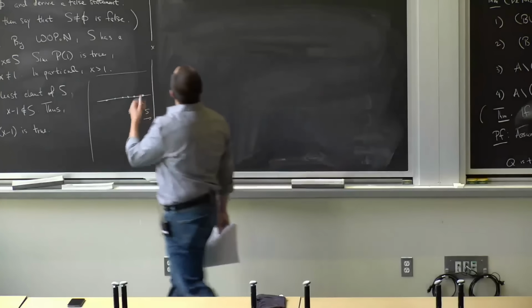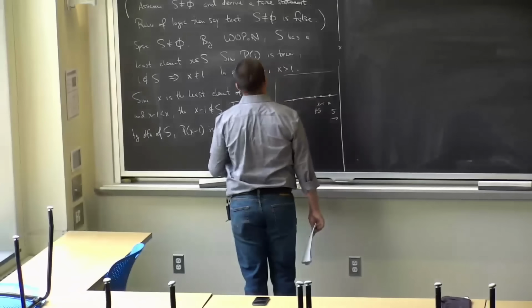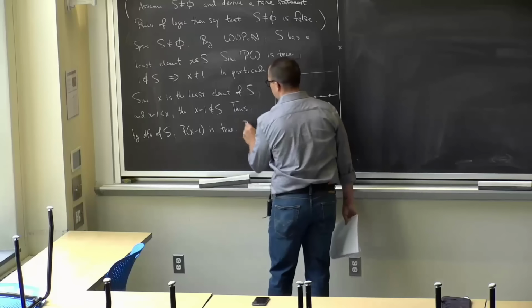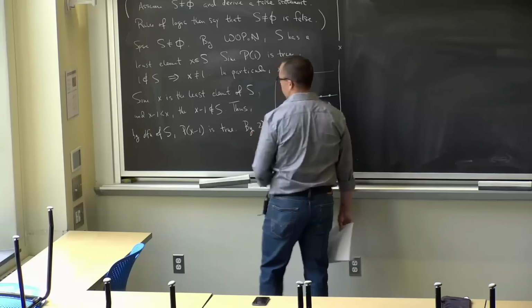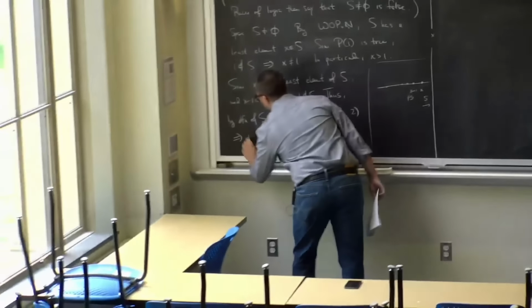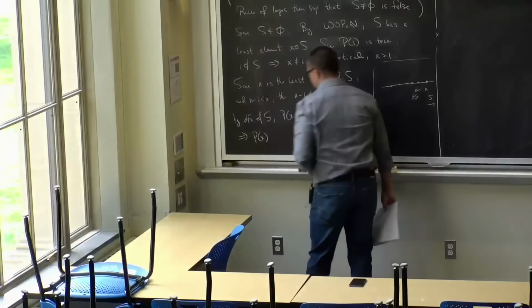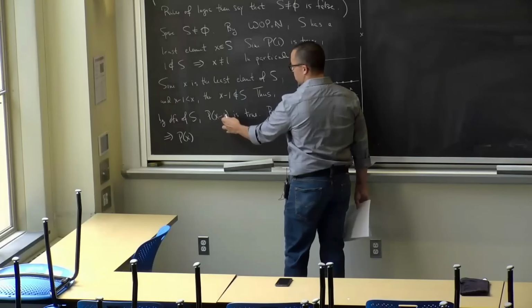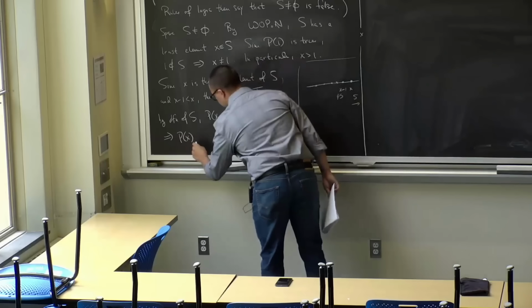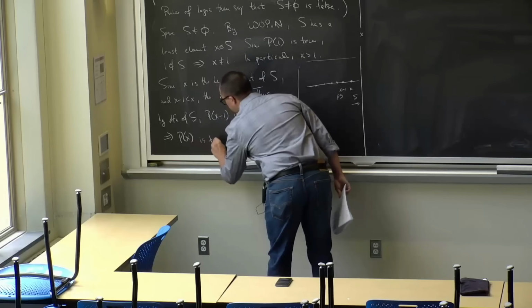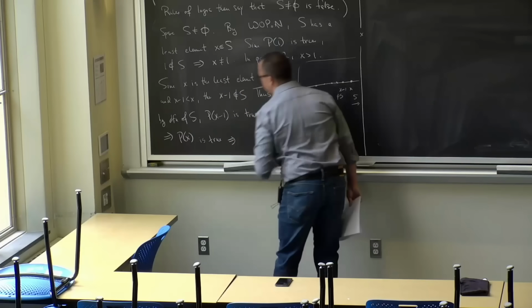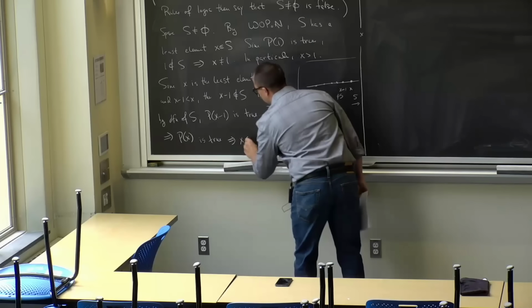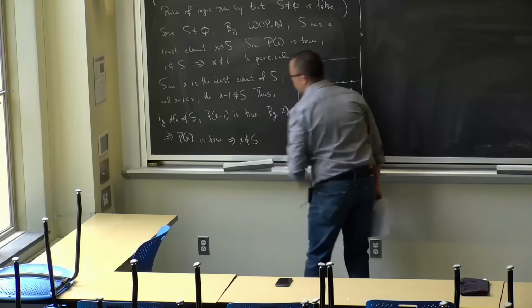But by the second property we're assuming about our statement P, this means that the next guy in line, X minus 1 plus 1, is true, which is just X. Which means that X is not in S.